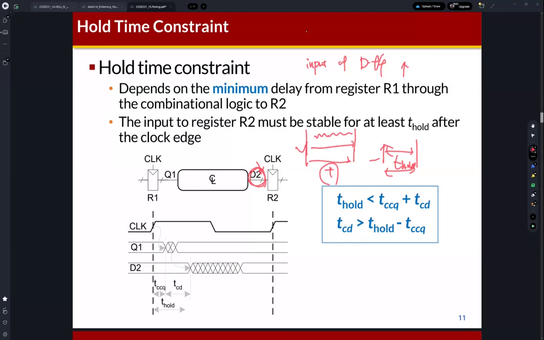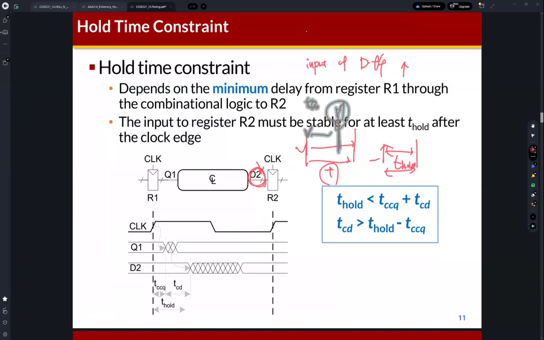So this explains the minimum delay: the signal changes at this point, because this is the minimum delay. If the minimum delay is less than this hold time, the signal can be changed, because the minimum delay and maximum delay explain the possible range of delay.